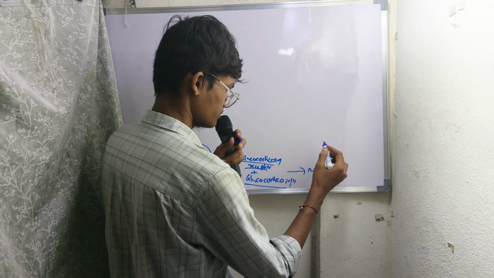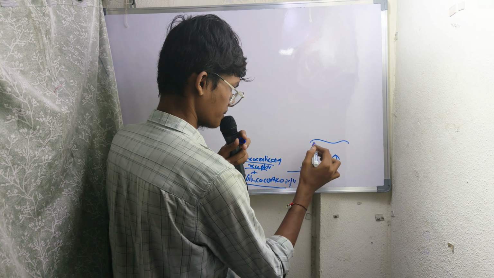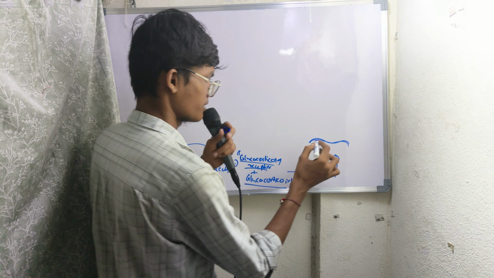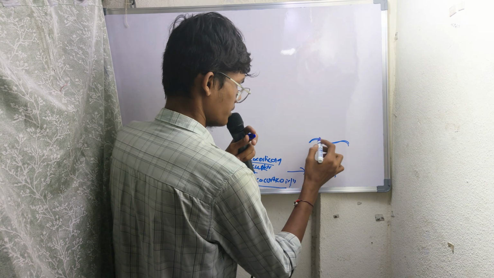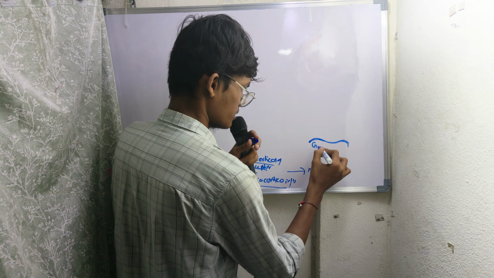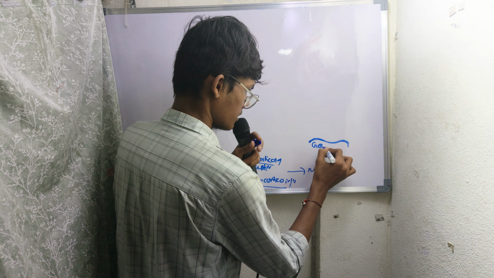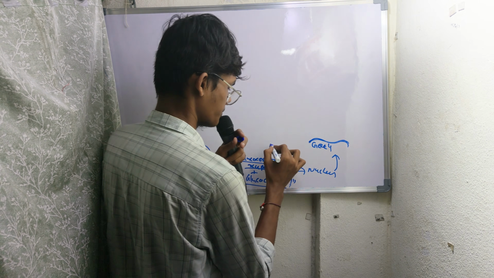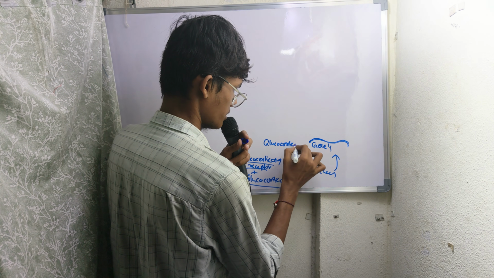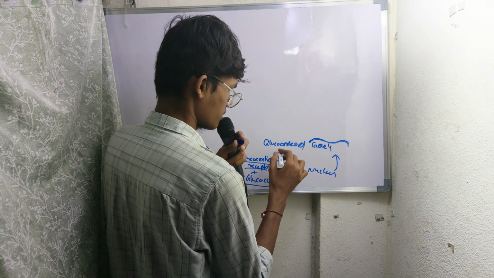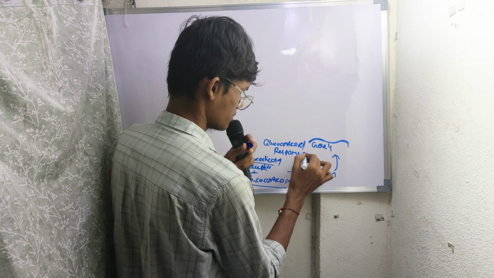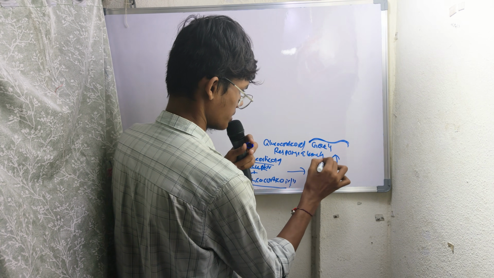After that it interferes with gene transcription. In what region does it go? It is GREs, that is glucocorticoid response elements.